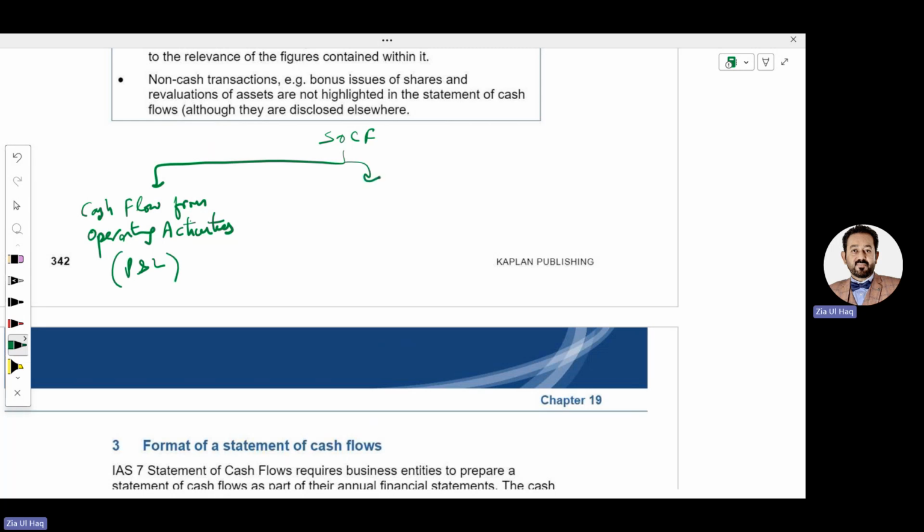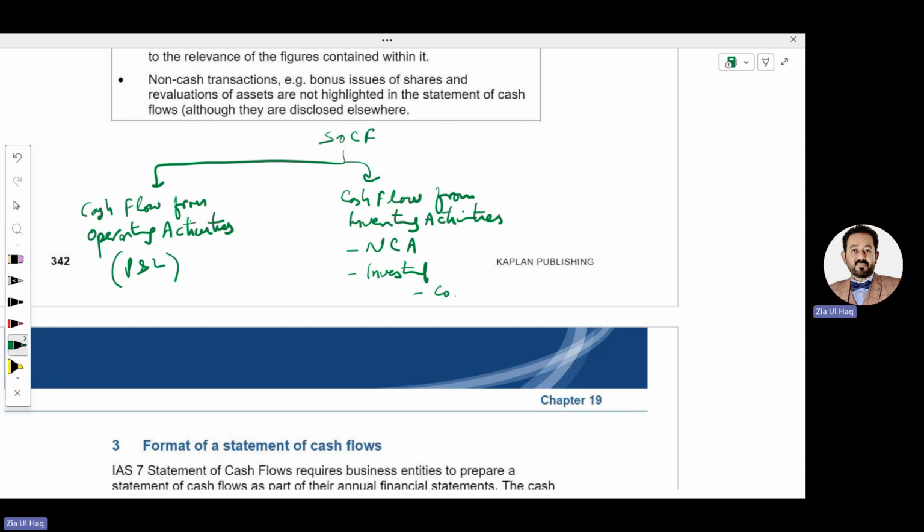We need to calculate cash flow from investing activities, where the company invested some money into assets, non-current assets. Any kind of investment.